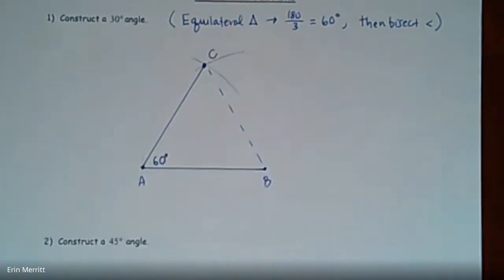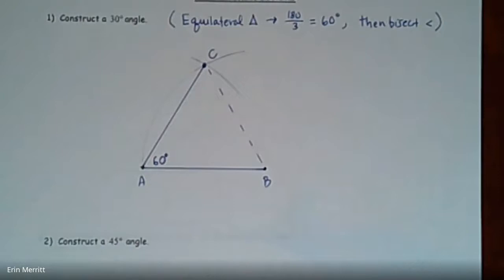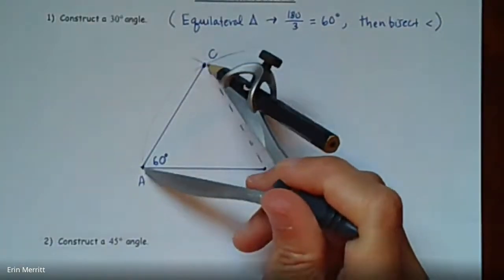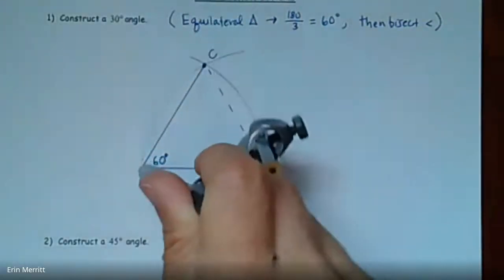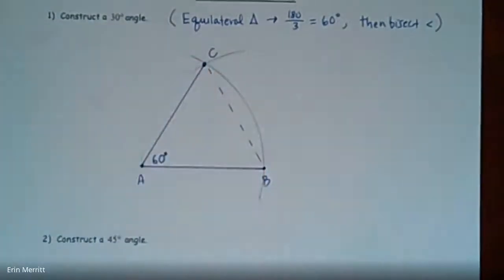So now we want to bisect that angle. So here's construction number 2. To be able to bisect an angle, the first thing you do is swipe an arc so that you create 2 points. If I leave my compass as is, I would swipe an arc, and that would basically create points B and C. So I'm just going to keep going from those.